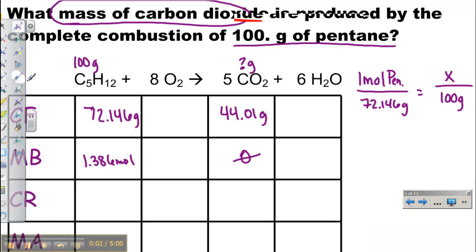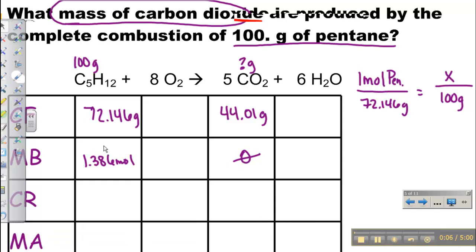Alright, so now we need our mole fractions. Okay, so for the pentane, it's going to be 1 over 1 times our moles. So we're going to end up with 0 moles of pentane after the reaction is finished.